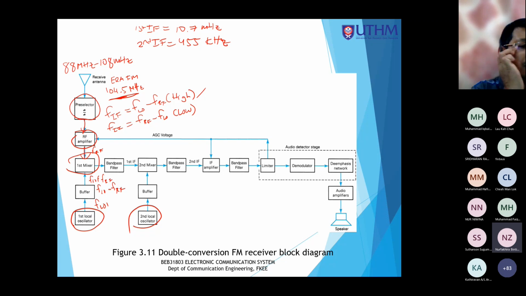In this case, you must remember that the first IF that we want to produce is 10.7 megahertz. So the first mixer will do the first down conversion to become 10.7.